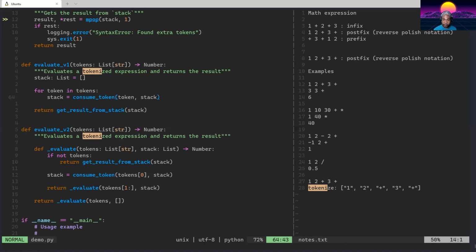For the current token, we consume it, whatever that means for now. And we go on ahead and process the rest of the tokens with the new updated stack that we have. And we do that all the way until we hit our base case of having no tokens at all.